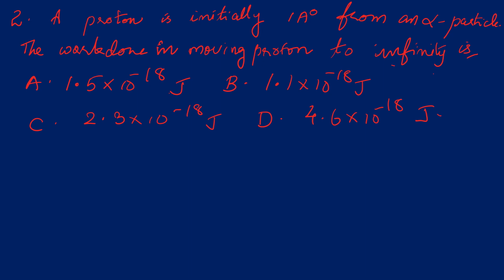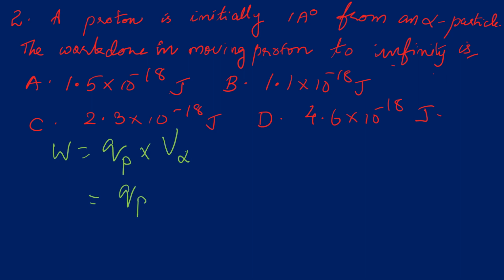A proton is initially 1 angstrom from an alpha particle. The work done in moving proton to infinity is. Equation for work done is charge into potential. Since the proton is moving away from the alpha particle, here charge of proton into potential of alpha particle.